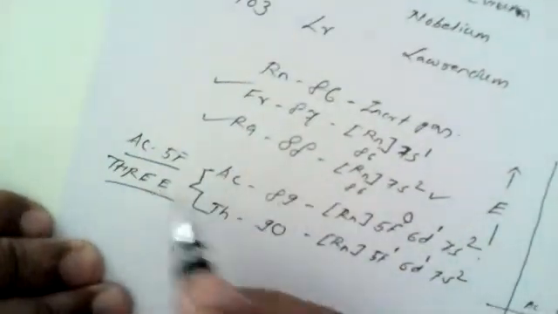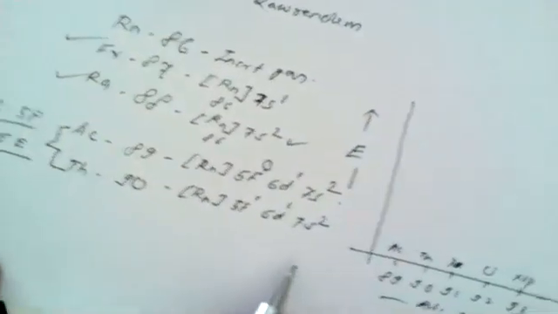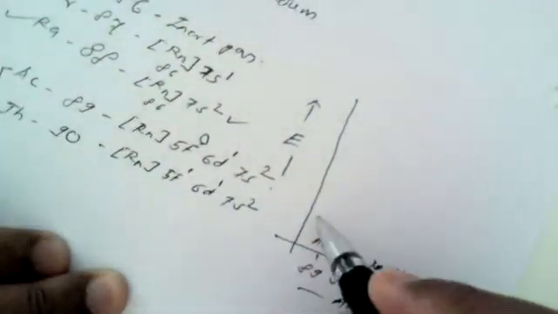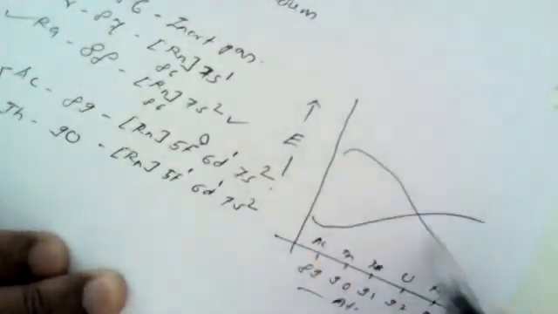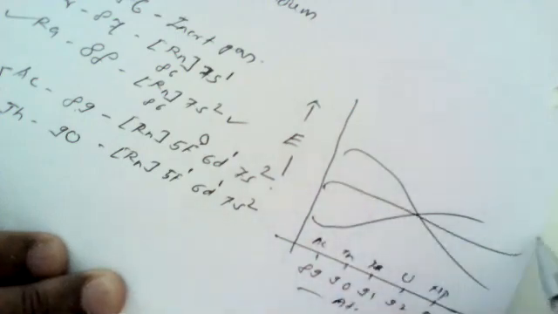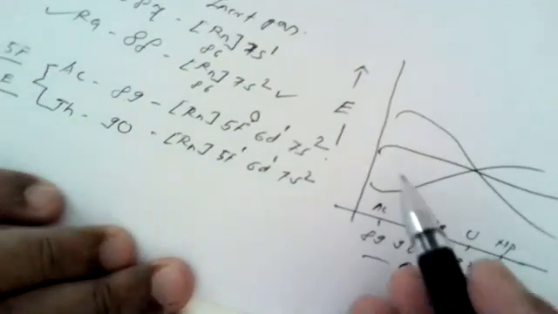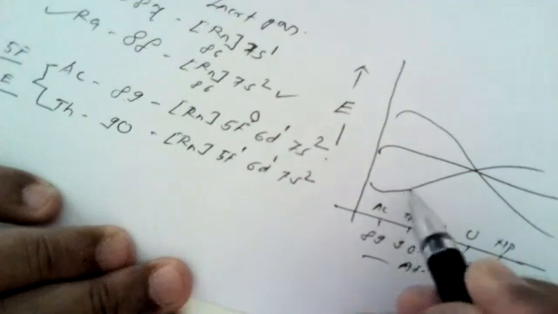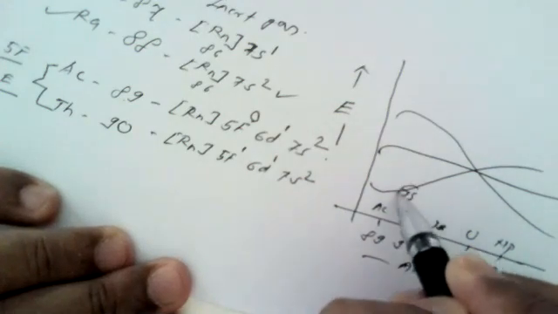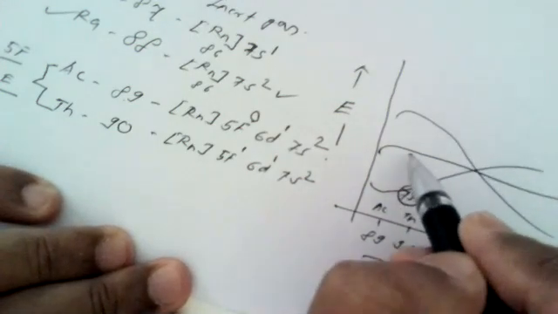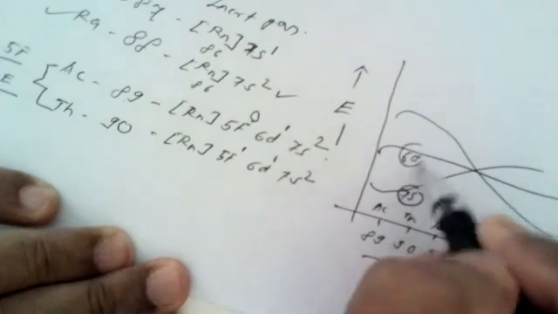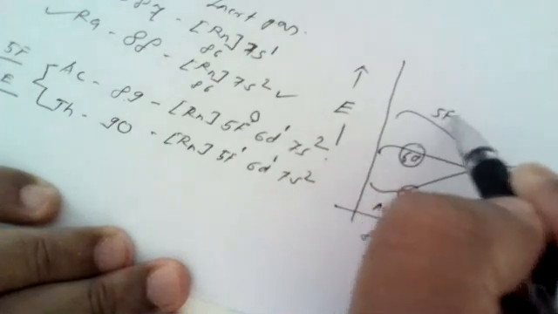Now, the 3 electronic subshells, just now we have seen, are 5f, 6d, and 7s. If I draw these electronic subshells, then it can be shown like this. This is an electronic subshell that is named 7s. Then 6d, and this is a 5f.